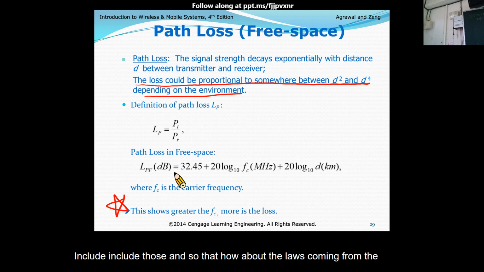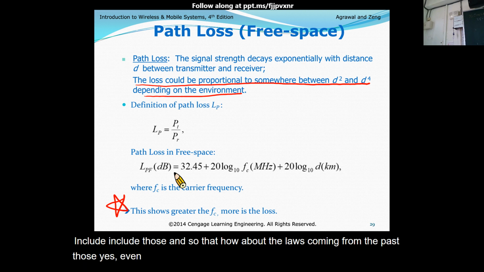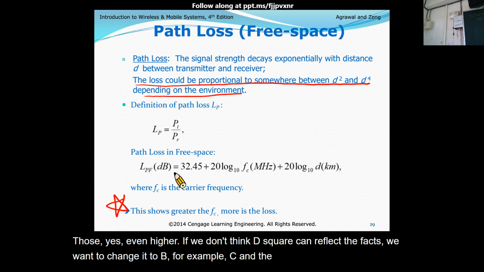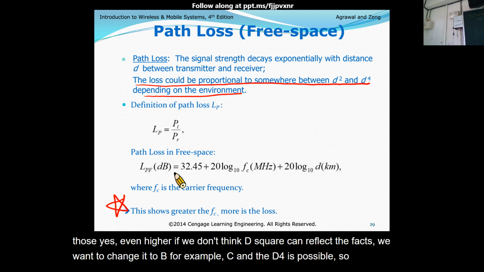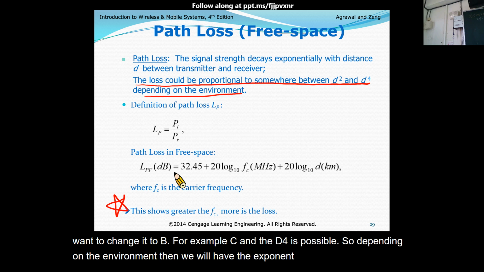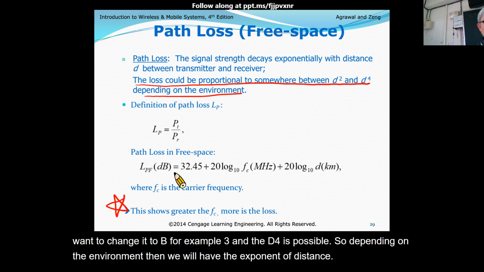Yes, it is even higher if d squared cannot reflect the facts. We will change it to d cubed or d to the 4. It's possible. So depending on the environment, we will have different exponents of distance.